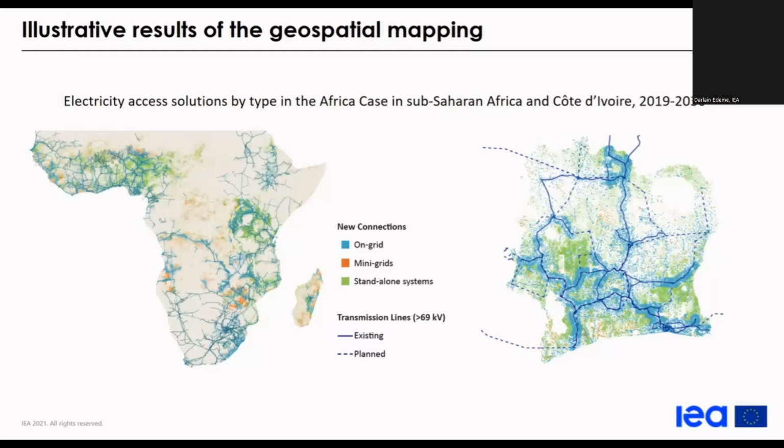And you can see that this type of analysis was done at the scale of the continent, but also for specific countries. And here you have the example of Cote d'Ivoire in Western Africa.